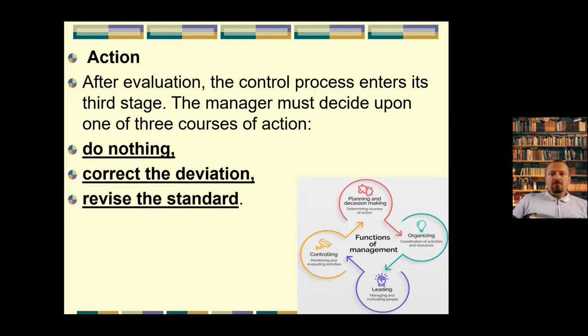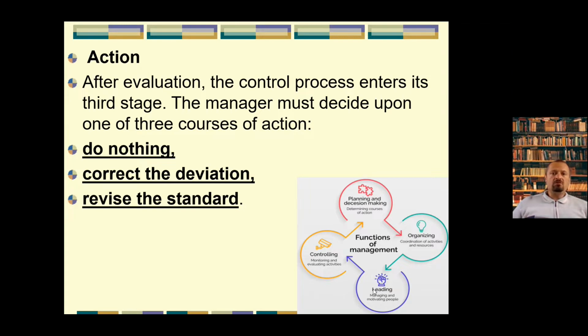But if something is going wrong, generally there can be two possibilities. The first possibility is that our objectives are initially unattainable, and that's why we have to recraft our strategy, so revise the standards. Or we can discover that there were some mistakes at the stages of organizing or at the stages of motivation.